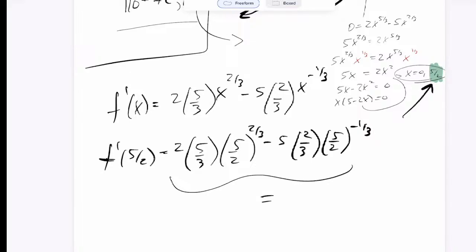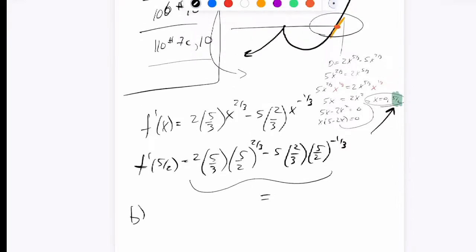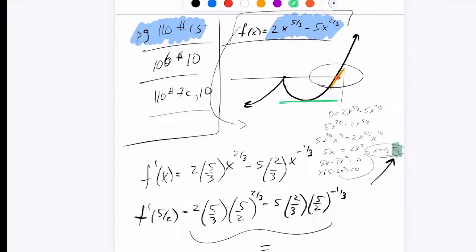In B, they ask you to determine the value of a shown in the graph. They're just highlighting, if you don't have your textbook, what is this value here? Well, that's when the slope is 0.